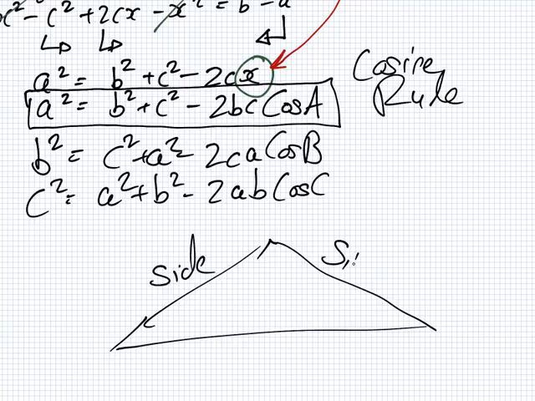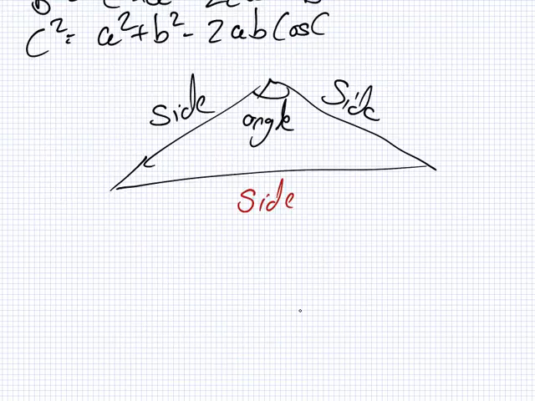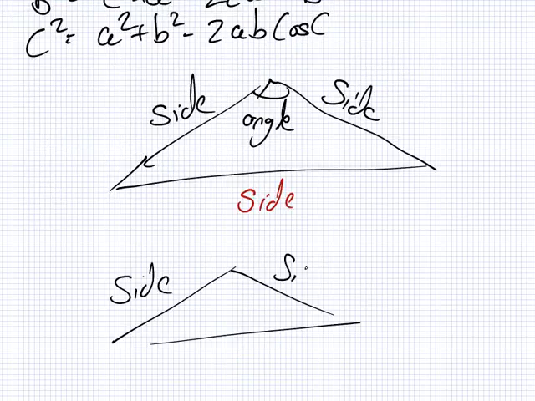side here, and angle. And usually what happens is you're looking for this side. Or the other situation where it's common is you have all three sides and you're looking for one of the angles.